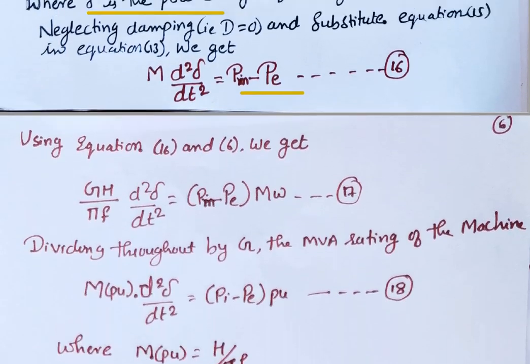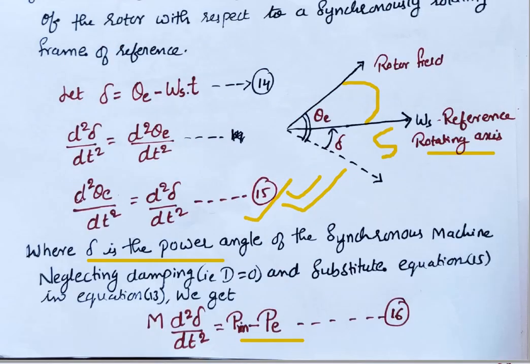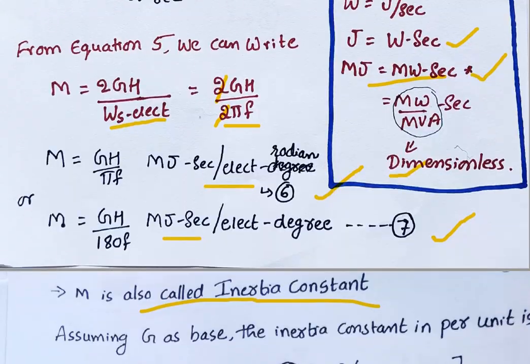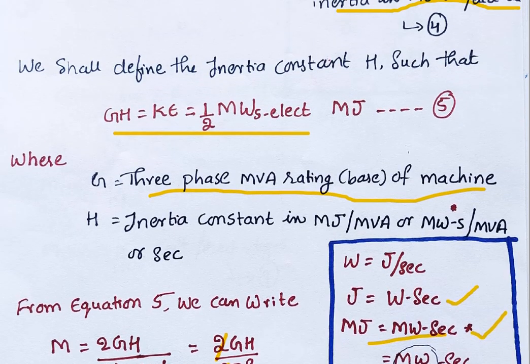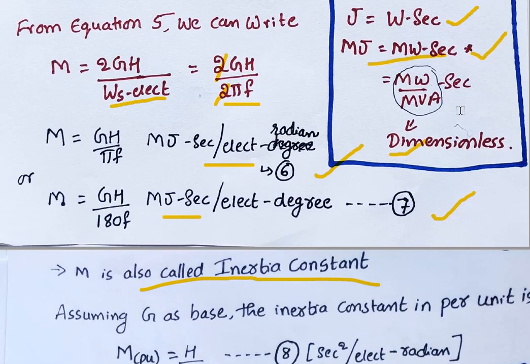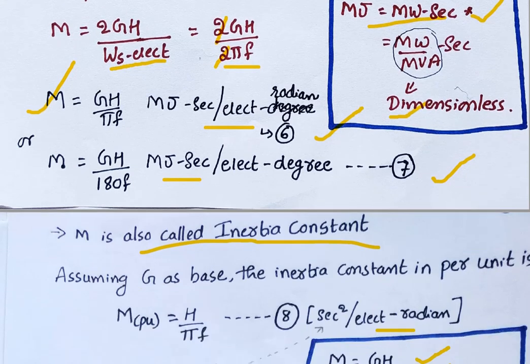Now, using equation 16 and equation 6, where is equation 6? Yes, this is equation 6. It has been given that M equals GH by pi f electrical, in megajoule second per electrical radian.